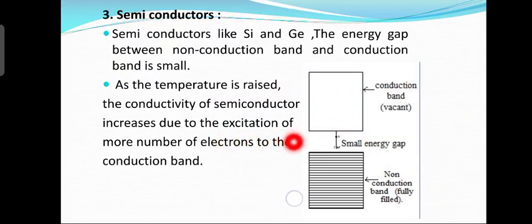The electrons jump from the non-conduction band to the conduction band, and as a result they conduct electricity, because there is a small energy gap between the two.